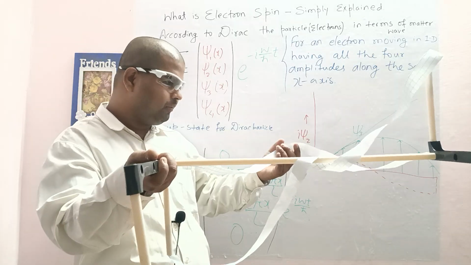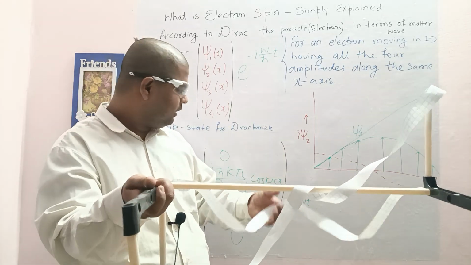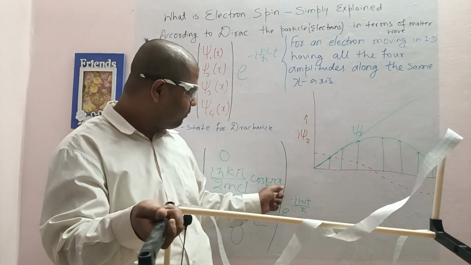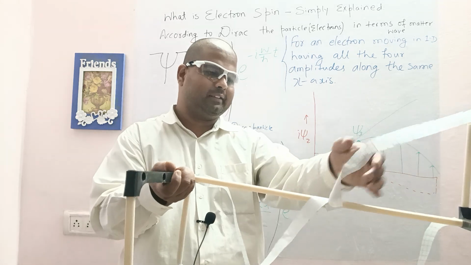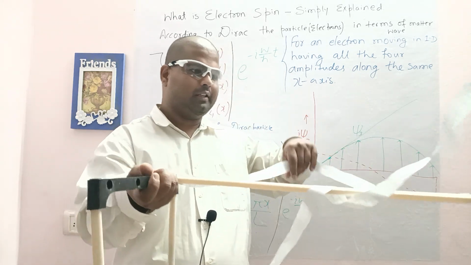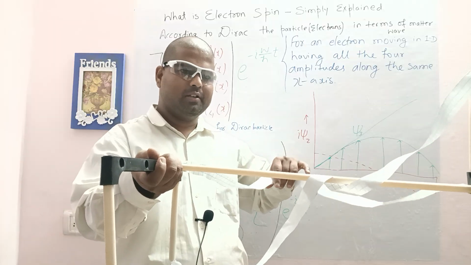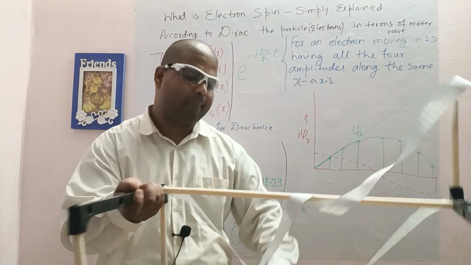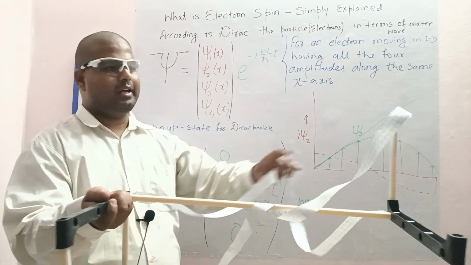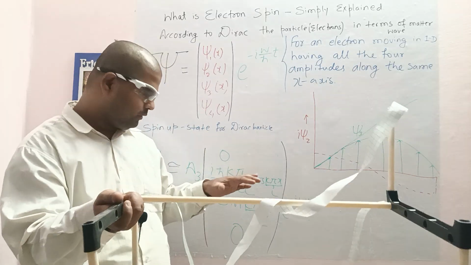The sine wave, the third component of amplitude, and the second one is the red one, that is smaller. It's the cos function, and this is the cos function. See, this is the cos function, this is the sine function. So what have you noticed? In a spin up state, this one is the bigger one, and this one is the smaller one, component of amplitude.